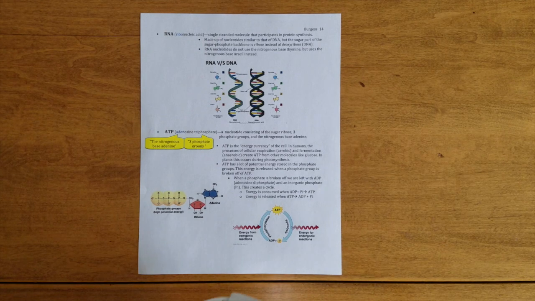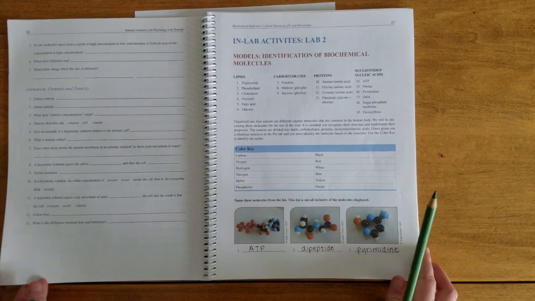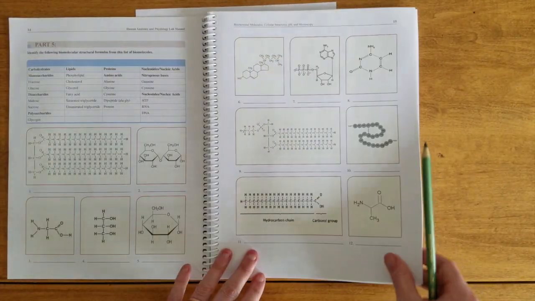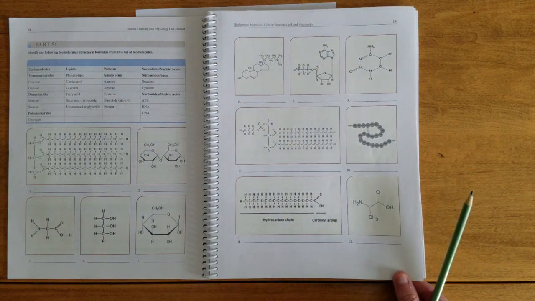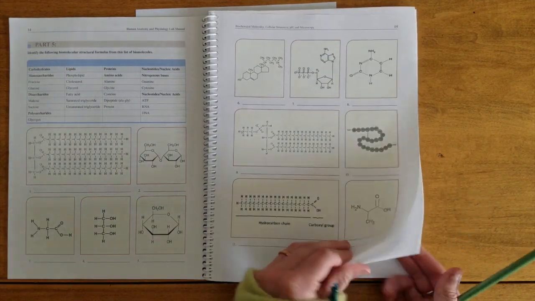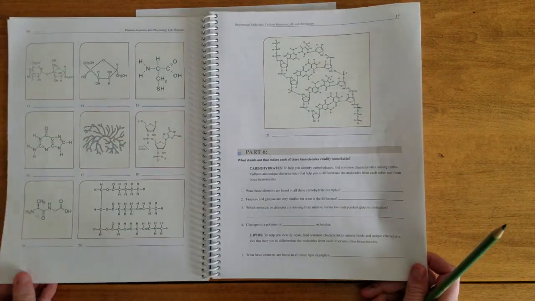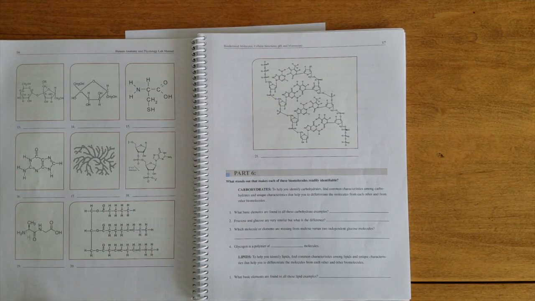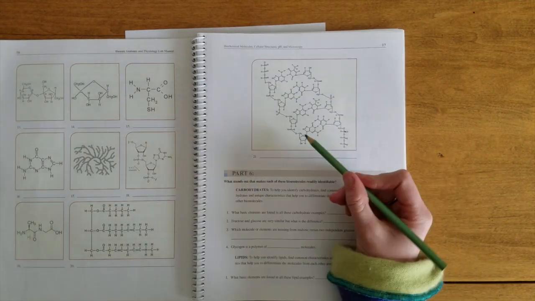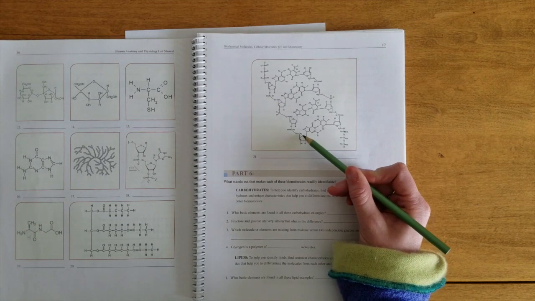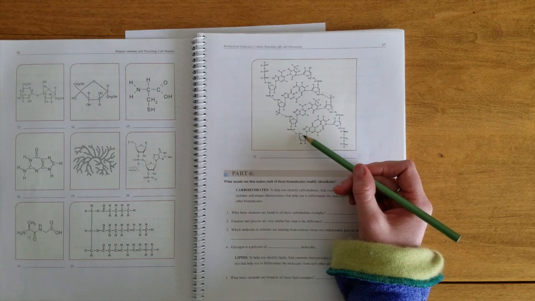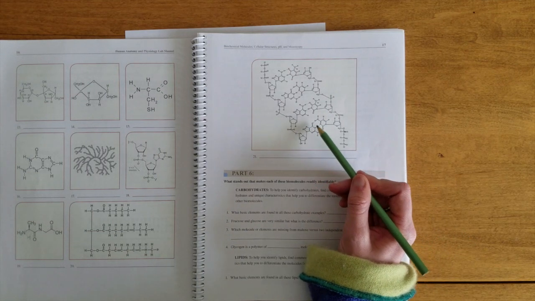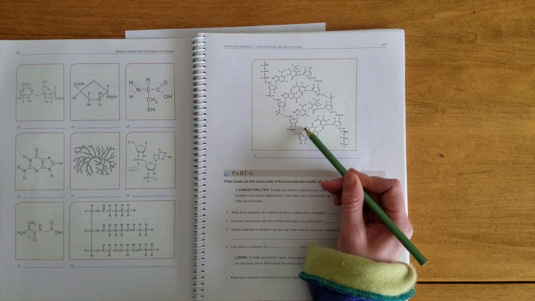So let's find our nucleic acids here in the lab manual. And right here is our DNA. Here is our 5-carbon sugar, and this is DNA, so we know we're talking about deoxyribose as the sugar. Here's a phosphate group, and then here is a nitrogenous base.